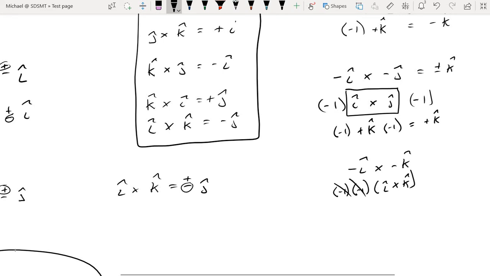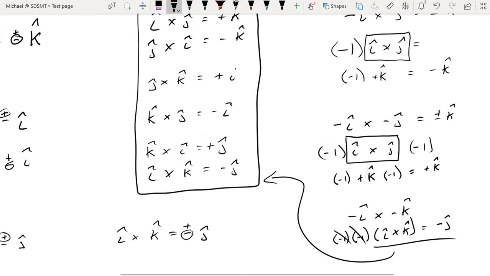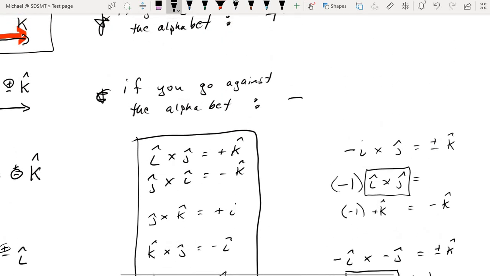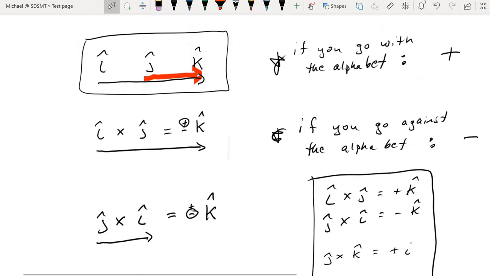But I cross k, that goes against the alphabet. And so we get a -j as a result. And we should know that because we've already seen that example before. So if you do have any minus signs attached to your components, don't worry about it. Just carry those along algebraically and you'll be fine.